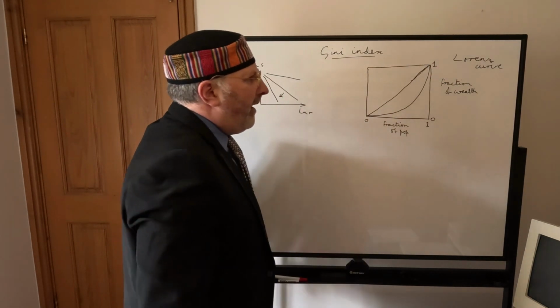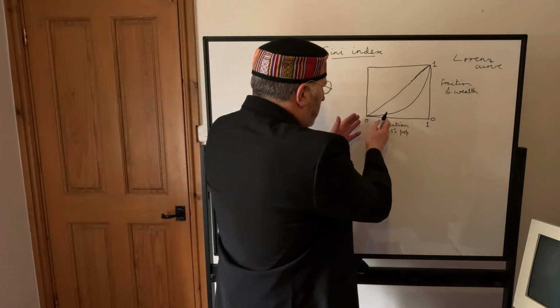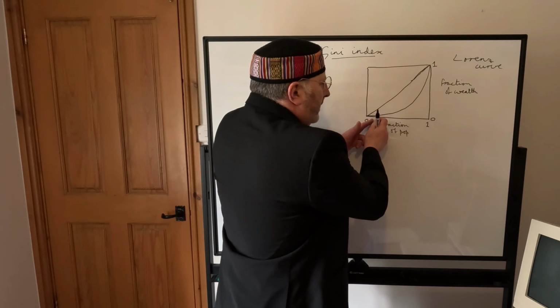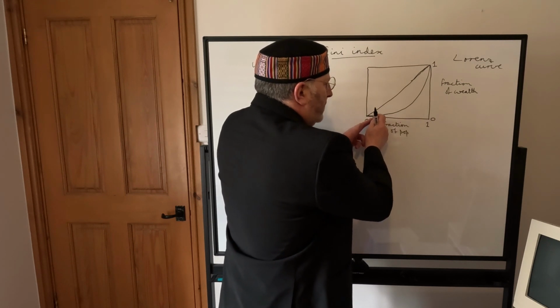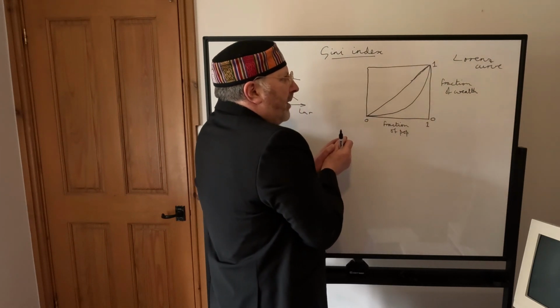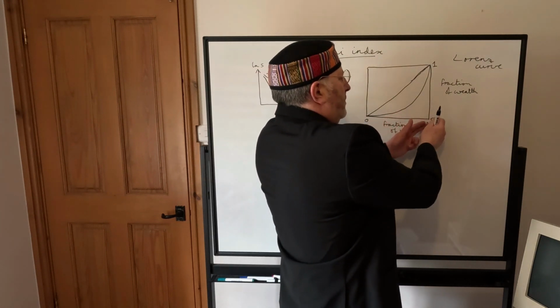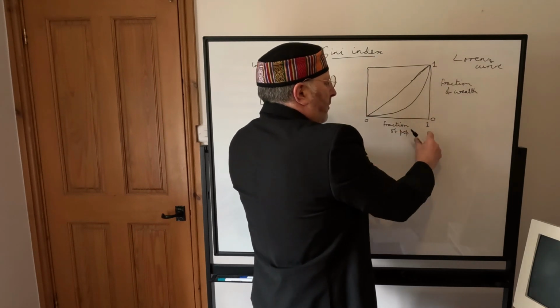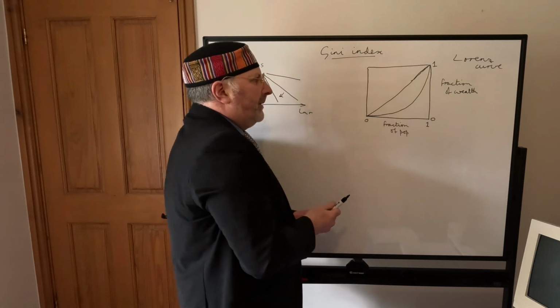So this is a measure of the inequality. The lowest segments of the population have a smaller fraction of the wealth than they are as a fraction of the population, and the highest and most wealthy parts of the population have a larger fraction of the wealth than they are as a fraction of the population.